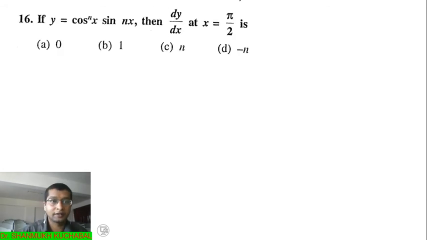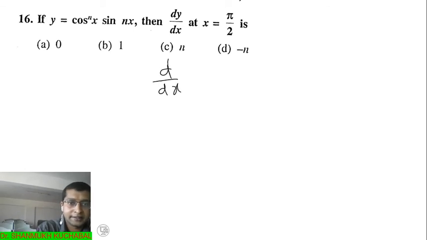Okay. So further we will move to the next example. It is of the form y equal to cos raised to nx, right? Then we can write this using one important formula, d by dx.